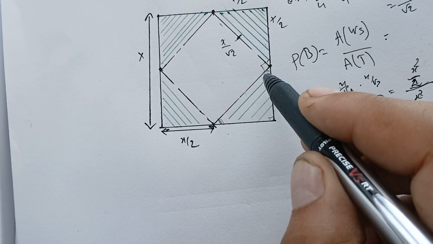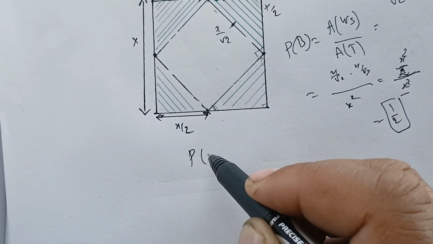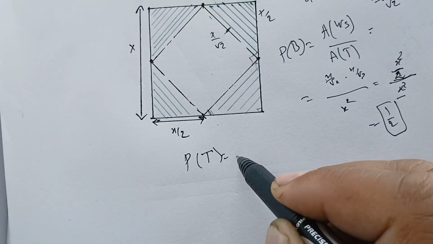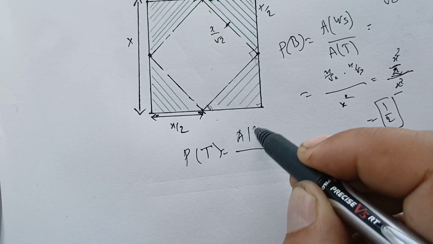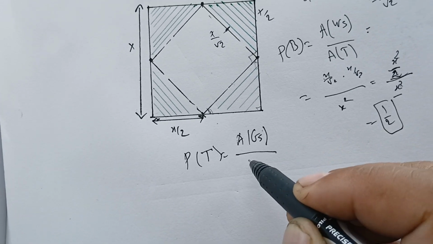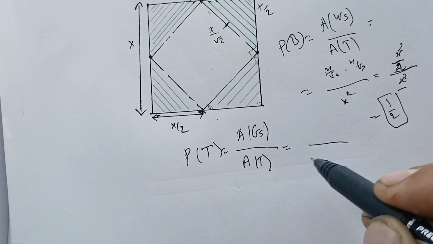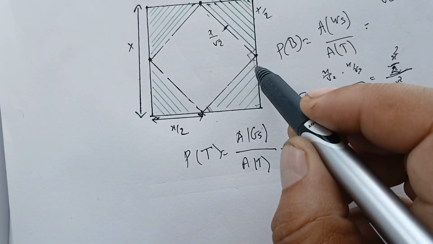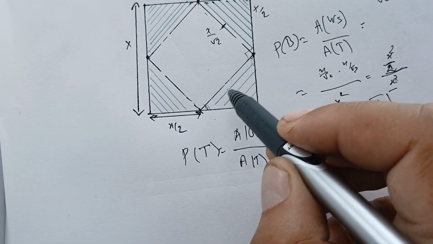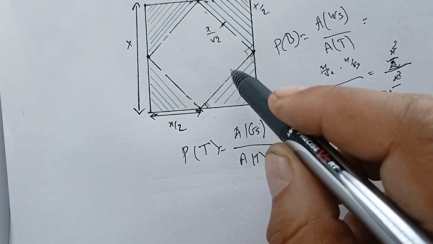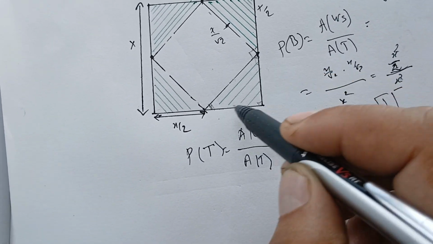So it's going to be the green. Let's say that Trump wins. So the area of the green triangles over the area of the total. We know the area of the total is x squared. Since we have 4 of these triangles, we compute the area of one of them.